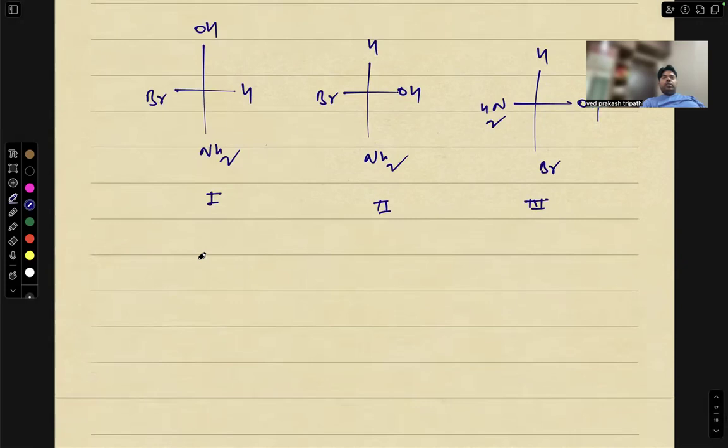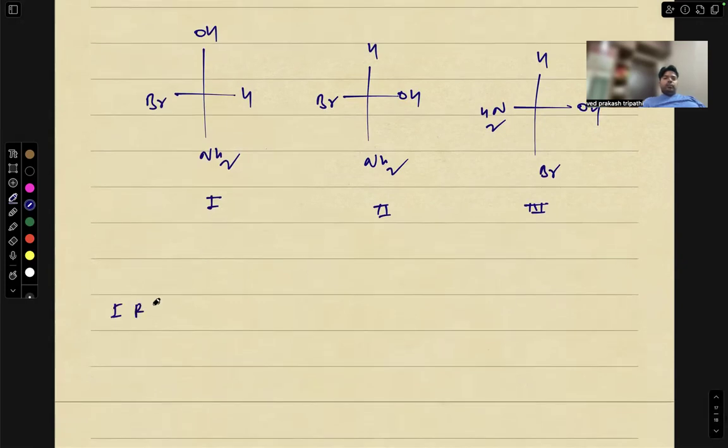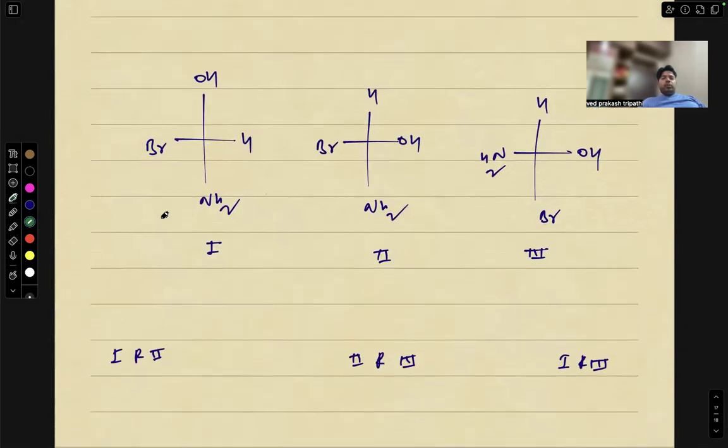My question is, what is the relationship between 1 and 2, 2 and 3, 1 and 3? And you have two options, identical and enantiomer. Now you have two choices. You can apply either the RS method or exchange. So let's apply exchange directly because it is not going to take too much time.